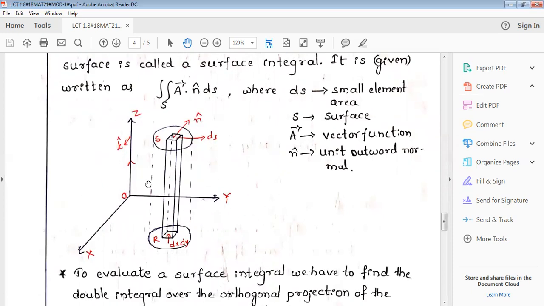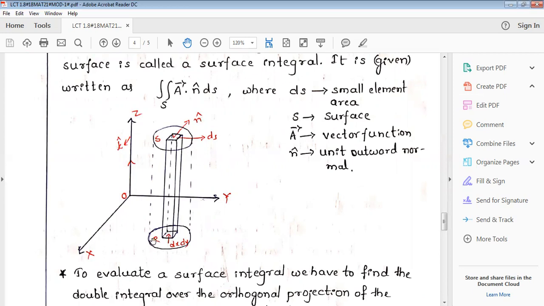So this is the surface, some surface. Then this part is the small element of area, and this is the unit vector, the outward normal.